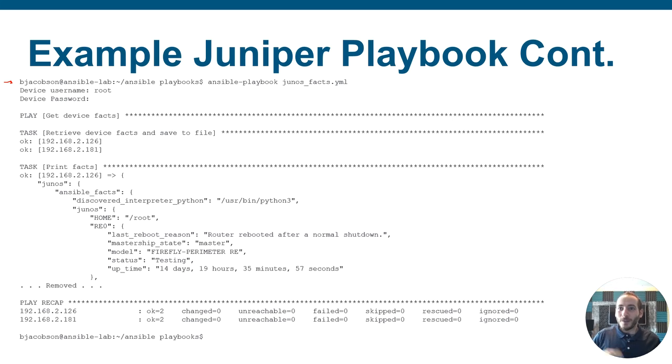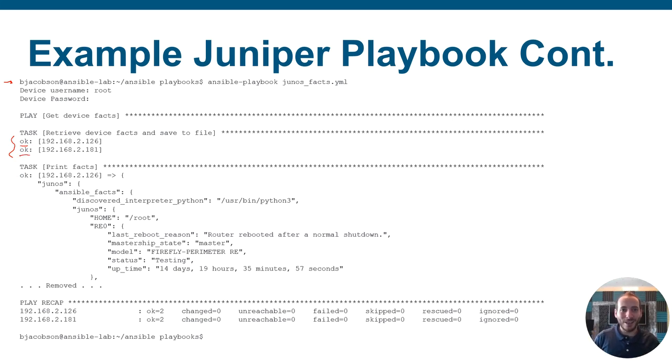Now, our playbook is being executed against two different devices within our VSRX group. You may have seen in our previous video that in the inventory, our VSRX group did contain two different devices. And then that task of retrieving the device facts executed and came back with OK.